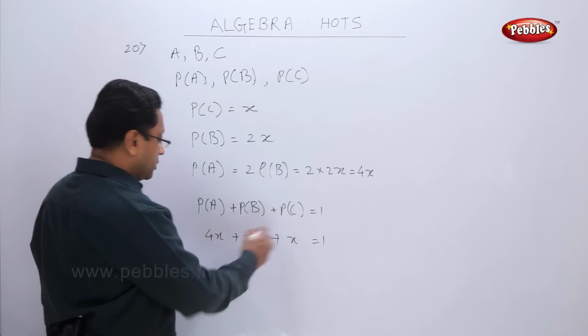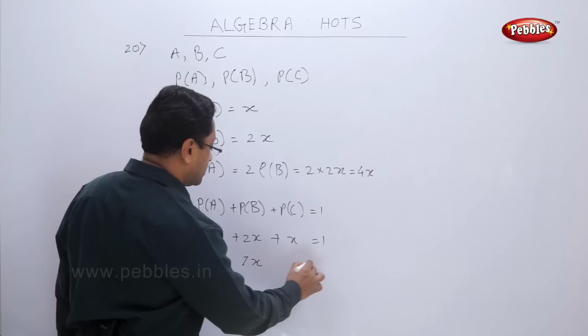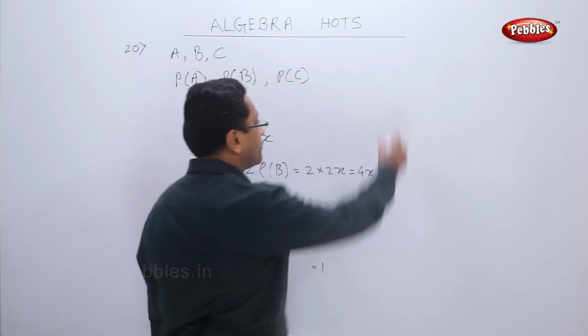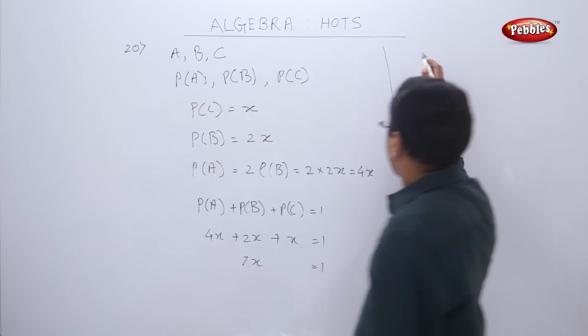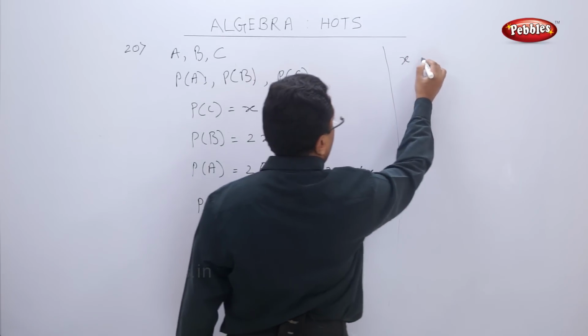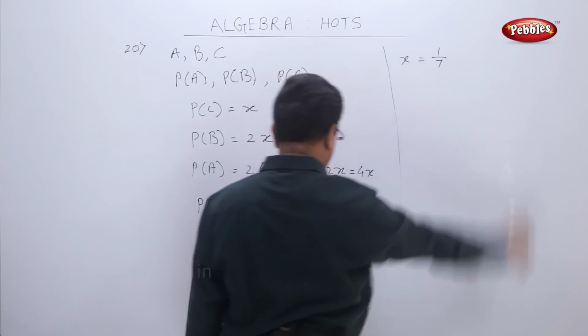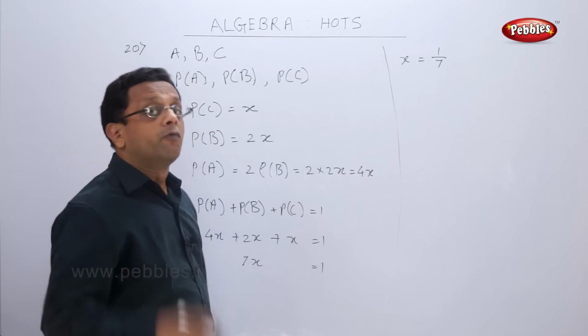So that is 7x equal to 1, and hence x is equal to 1 upon 7. But what is x?